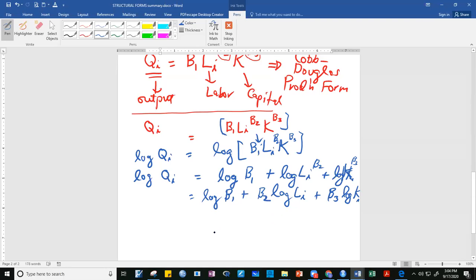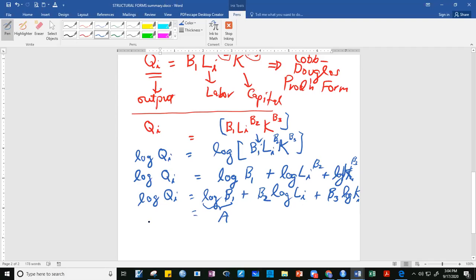All right. So clear, guys? Clear? So this one, guys, we can replace log of B1, since B1 is supposed to be a constant, kasi intercept yan eh, di ba? So pwede natin gawin na lang A yan.